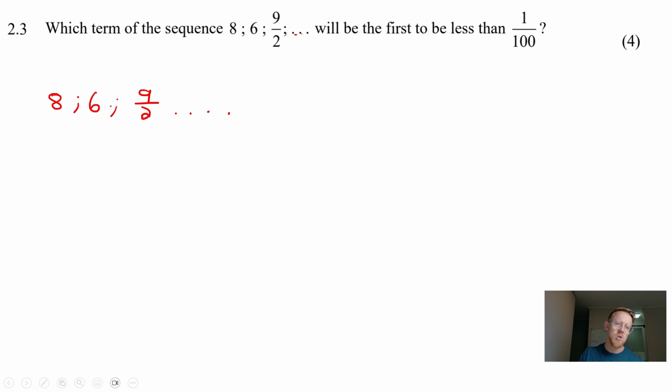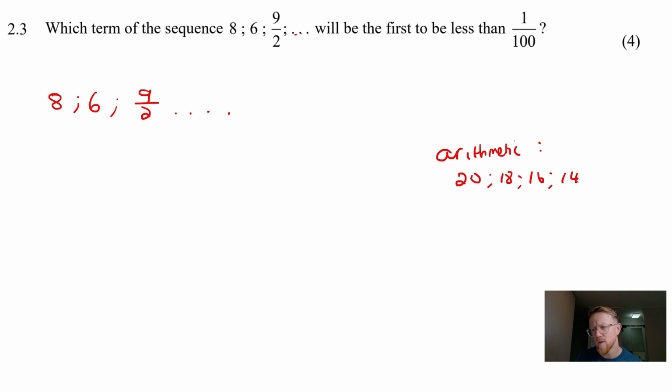Okay, so we first need to figure out what type of pattern we have here. Now we obviously have 2 main types: arithmetic and geometric. Arithmetic is when you have something like 20, 18, 16, 14. So you can see that you are either adding or subtracting a constant number.